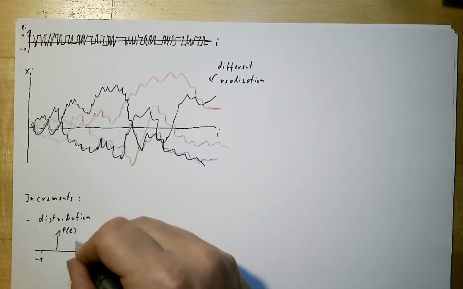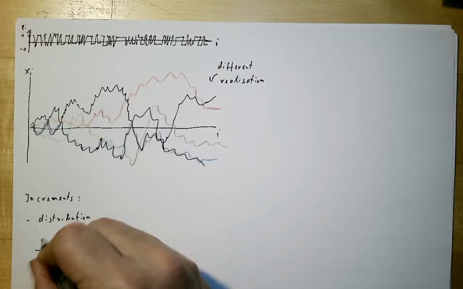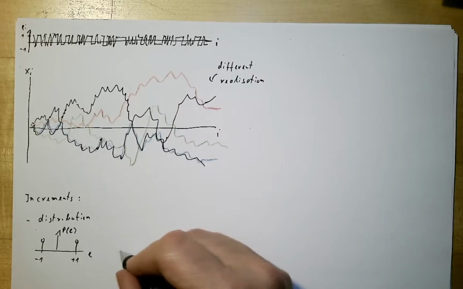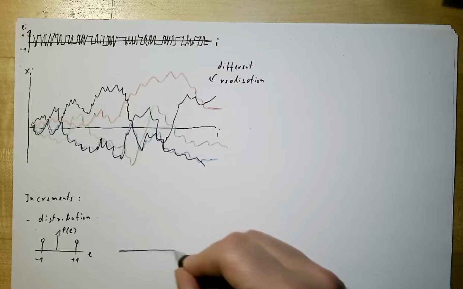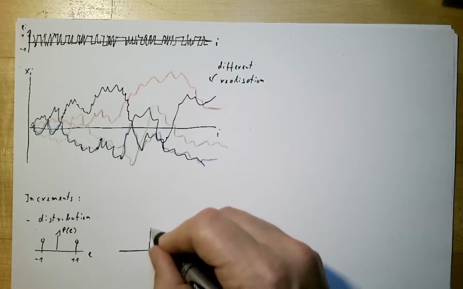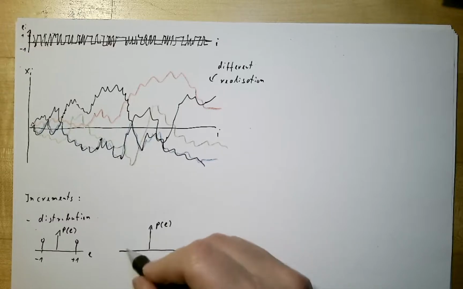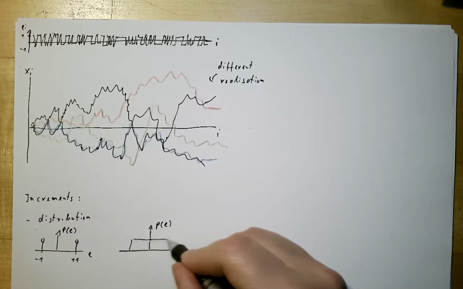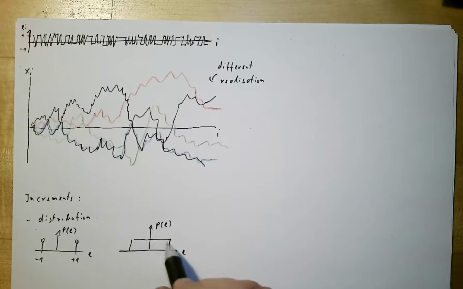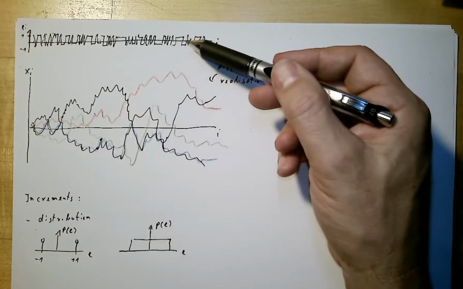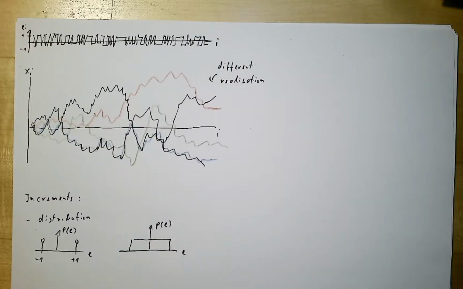So we had this distribution where we just had these two possibilities which each have 1/2. Of course, you could have something else. For example, the increments can be taken from a uniform distribution, from a continuous distribution.